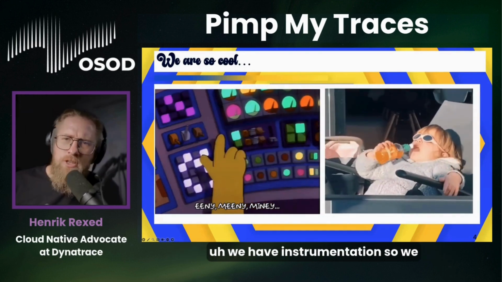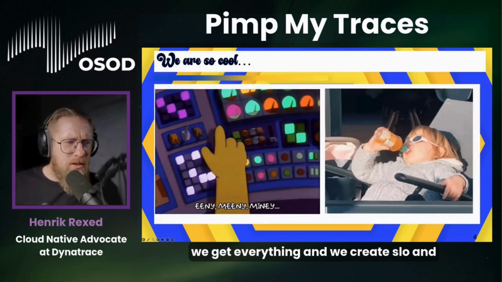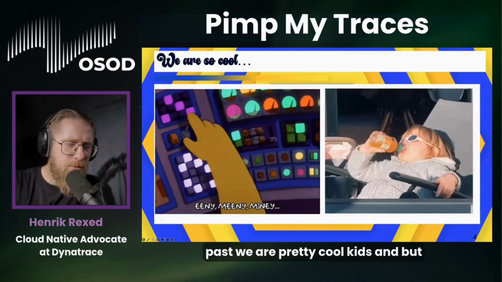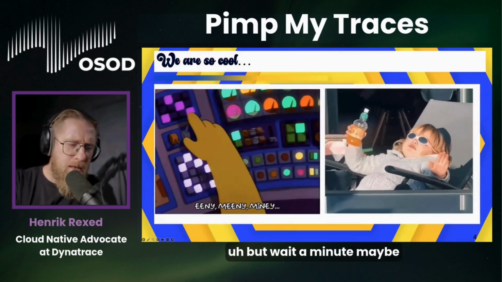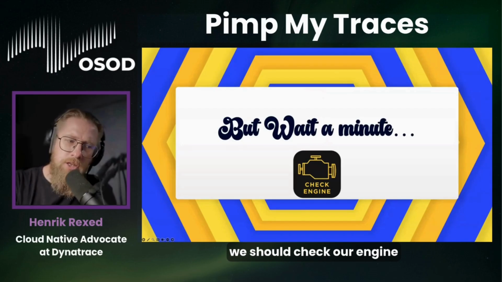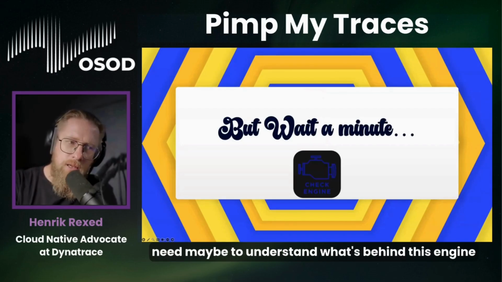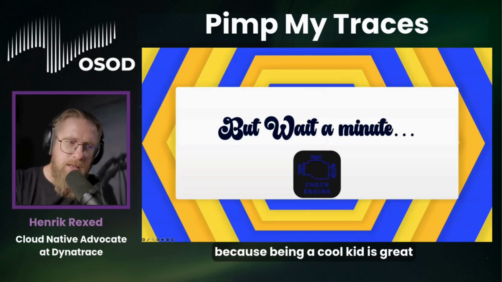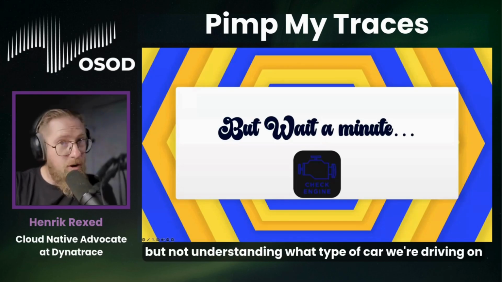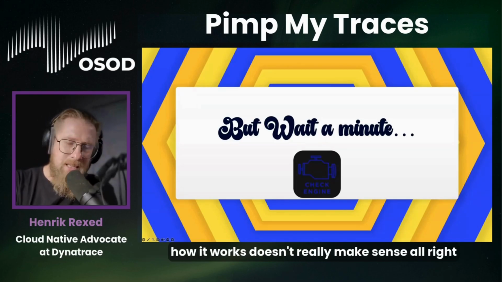We have instrumentation. So we get everything, and we create SLOs. I mean, compared to the past, we are pretty cool kids, but wait a minute. Maybe we should check our engine. We need to understand what's behind this engine, because being a cool kid is great, but not understanding what type of car we're driving and how it works doesn't really make sense.